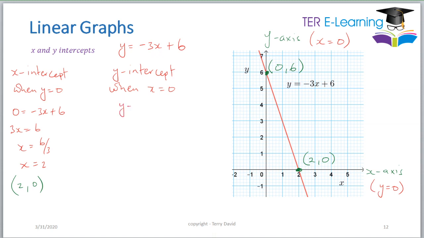My equation is going to become y is equal to minus 3 multiplied by 0 plus 6. So therefore y is equal to minus 3 multiplied by 0 is 0, and plus 6 we're going to get 6. So therefore my coordinates for my y-intercept will be 0, 6, which is exactly what we got from the graph as well, right?